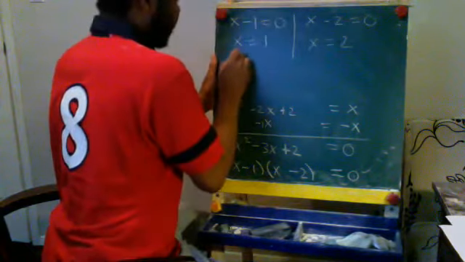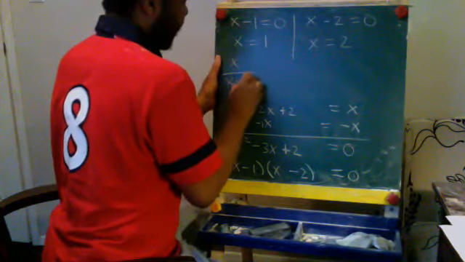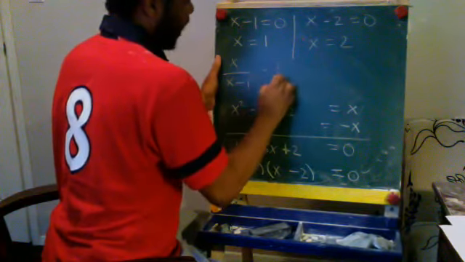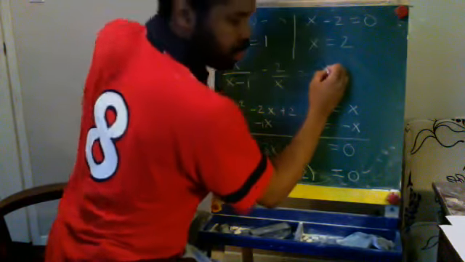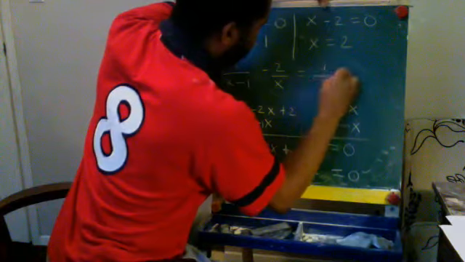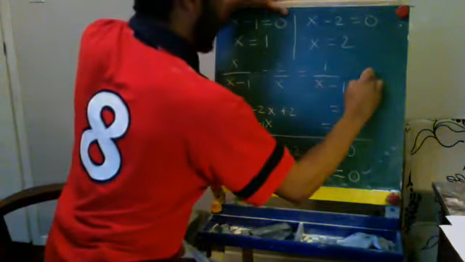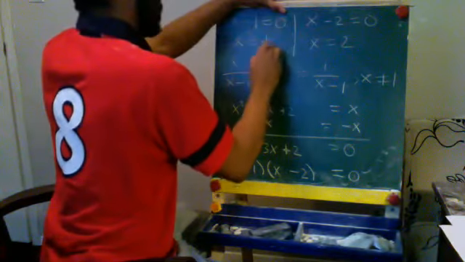But let's go back to our original equation: x over x minus 1 minus 2 over x is equal to 1 over x minus 1, which tells us that x cannot be equal to 1. So this is no good.